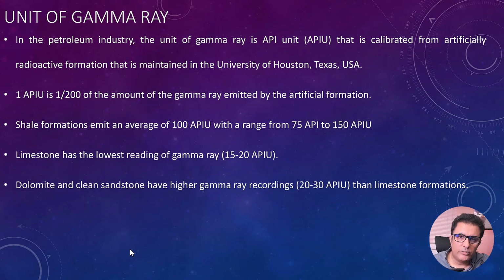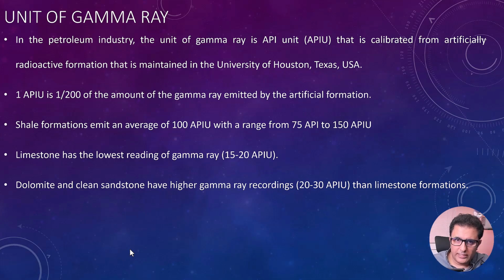The unit that we use in order to measure gamma ray is the API unit, or American Petroleum Institute. And indeed, this is a definition based on a calibration facility at the University of Houston in Texas.